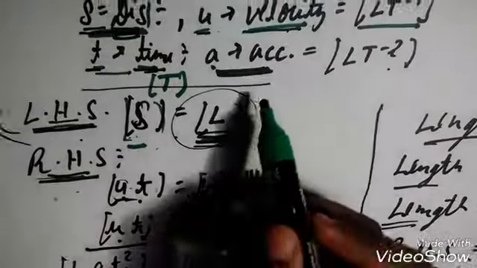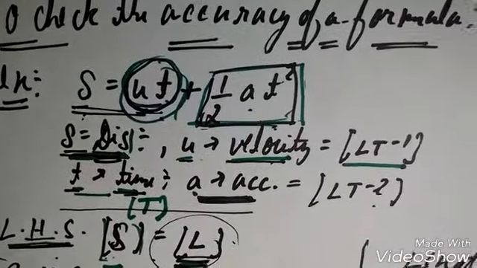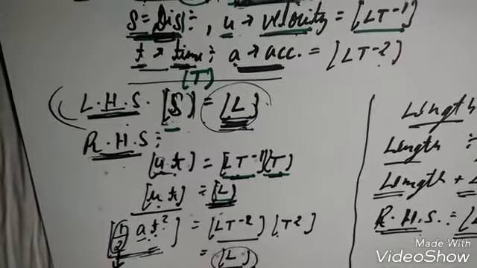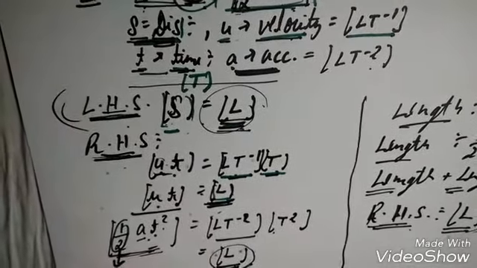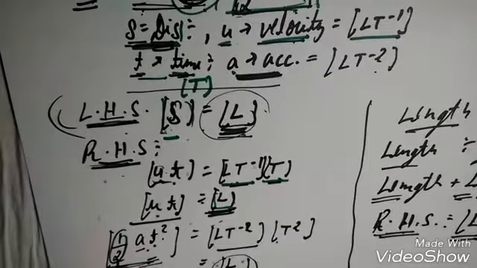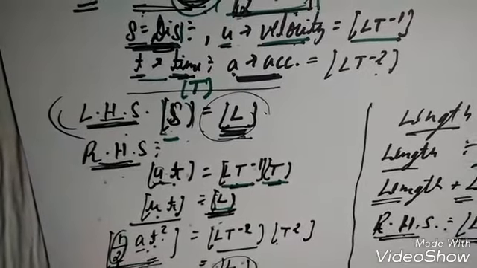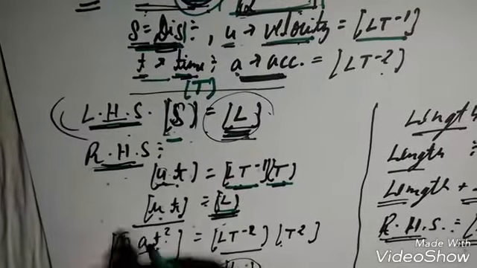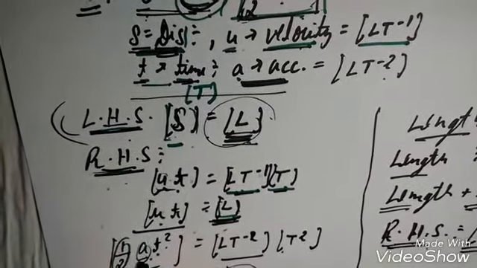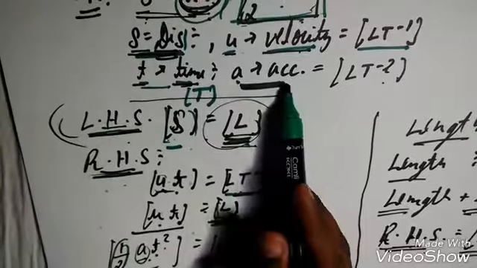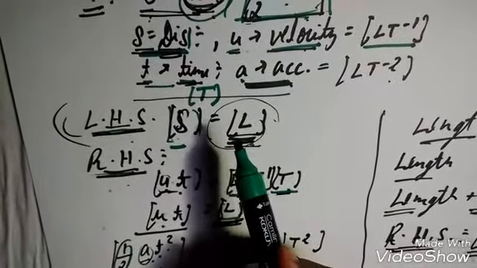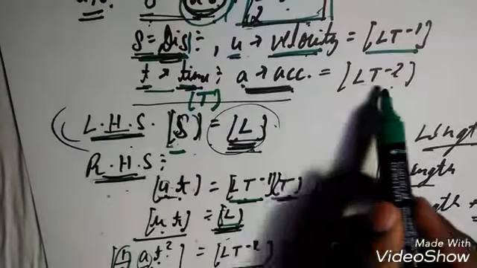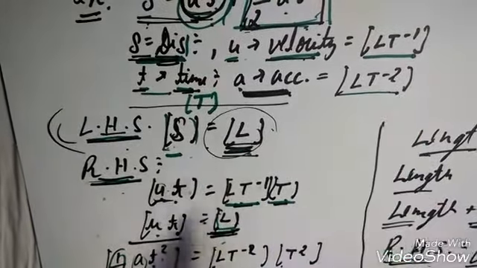Let's check the dimension of half at square. Half is a constant. It is a numerical constant and it does not have any dimensional formula. Any numerical constant will not have any dimension formula. But a is acceleration here, and it is a physical quantity, hence it has a dimensional formula. It has a dimensional formula of LT minus 2.